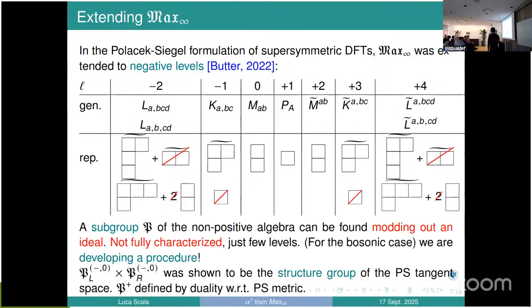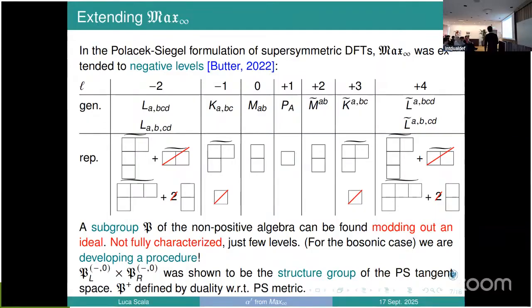And he noticed that if you take a subgroup of this algebra, so you mod out an ideal, the negative part of the resulting structure, we call it Poincare infinity, and we denote it as this for a reason that I will show you in a moment. If you take the negative sector of this Poincare infinity, this gives the structure group of the Polaczek-Siegel tangent space.